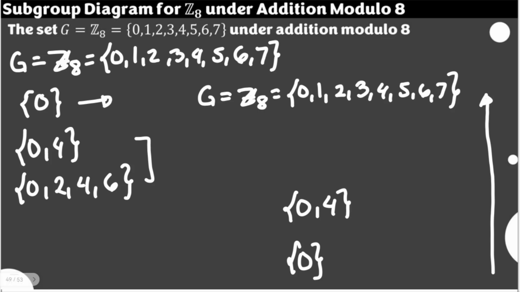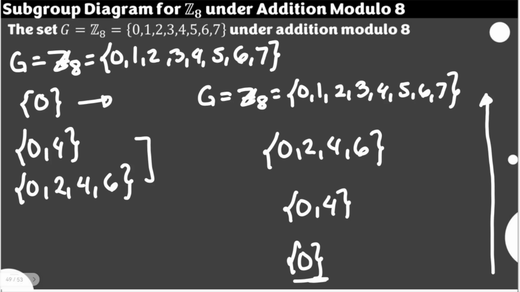This is no problem, because we can see that this is actually a subset of this, or the element 0 can be found here. Okay? And at the same time, since our last subgroup contains the same elements of 0 and 4, we can place it here, 0, 2, 4, and 6.